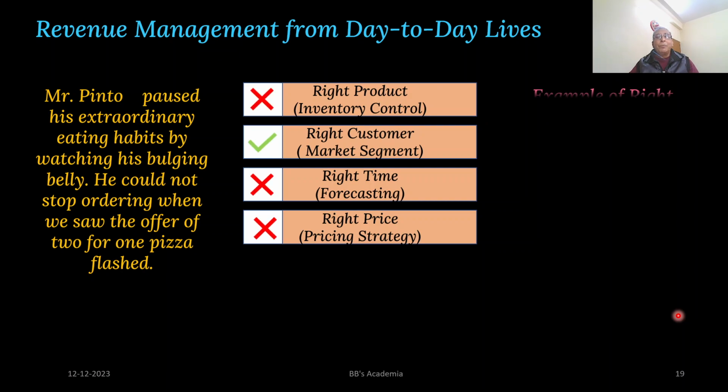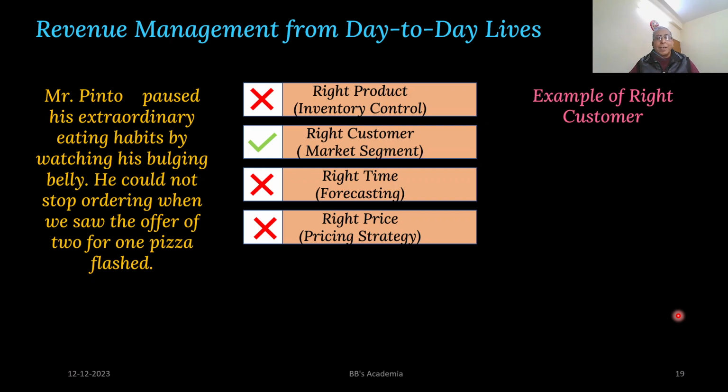It is the example of right customer. This customer, Mr. Pinto, was not taking any food of that kind because of his problem, health issues. However, once he went through the information that if he purchases one pizza, he'll be getting 2 pizzas, naturally, he could not resist himself.